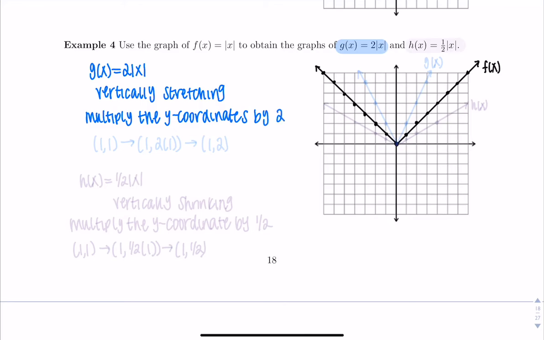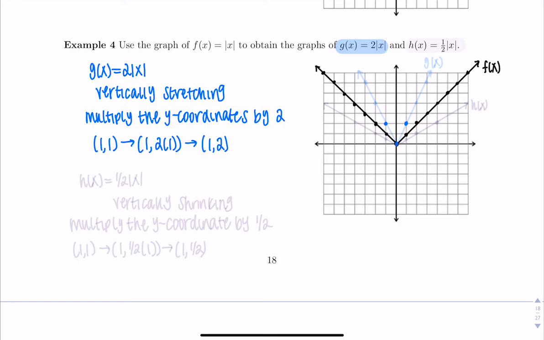So for example, let's take the point 1, 1. So your x stays the same, but you multiply your y coordinate by 2. And so my new coordinate will now be 1, 2. 0, 0 is not going to change. Negative 1, 1 is now going to go up to negative 1, 2.